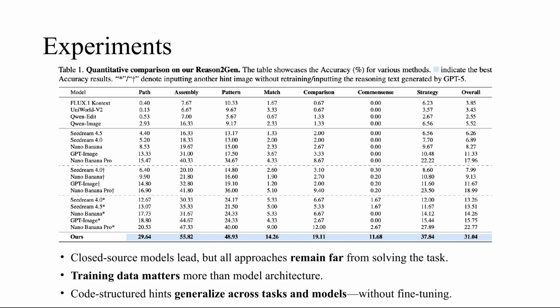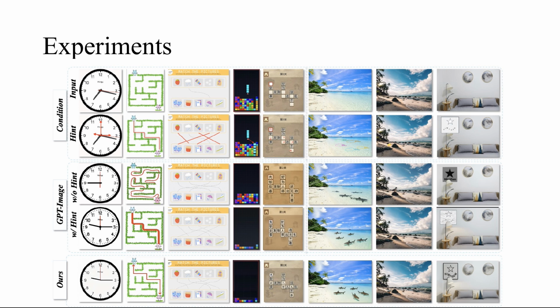This order of magnitude leap proves that structured code injection fundamentally fixes the logic blindness inherent in diffusion models. Furthermore, these code-structured hints carry a powerful alignment prior that consistently boosts the reasoning accuracy of existing baseline models, even in a zero-shot manner. Finally, we cross-validated our results using multiple mainstream evaluators, demonstrating that our lead remains highly consistent across different evaluation frameworks.